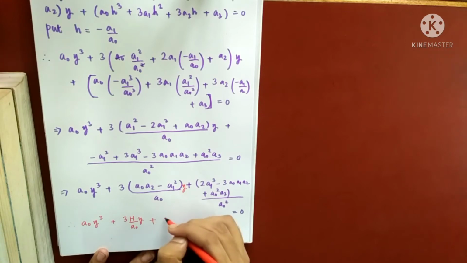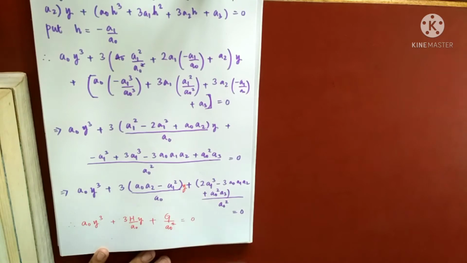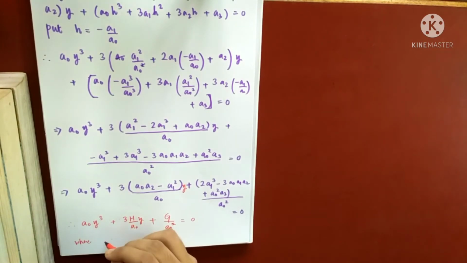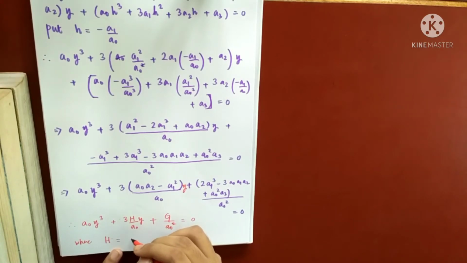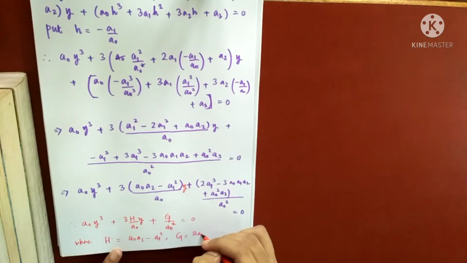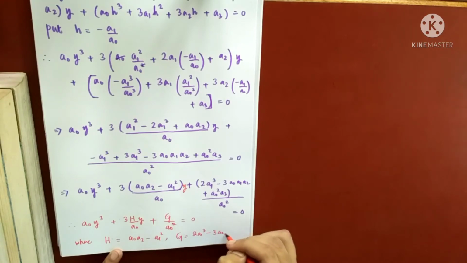Y plus g by a naught square equals to 0. I'll write what is h and g, where h is this quantity, a naught a2 minus a1 square, and g is this quantity, 2a1 cube minus 3 a naught a1 a2 plus a naught square a3.